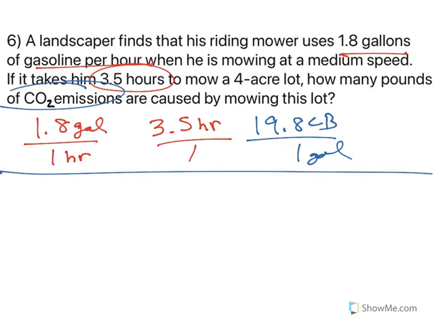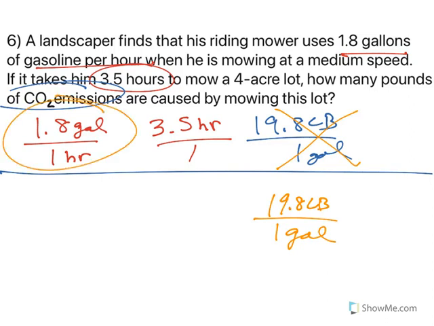I'm going to start backwards because, again, I'm trying to find how many pounds. So I know that the 19.8 pounds over 1 gallon is the final one. Then I need the one that has the gallons in it. So I'm going to put 1.8 gallons over 1 hour, which makes my gallons go away.